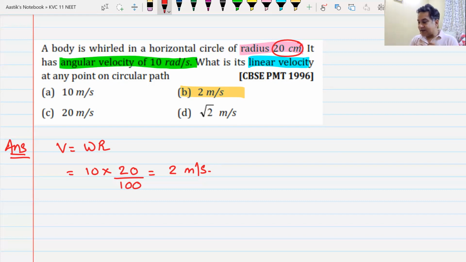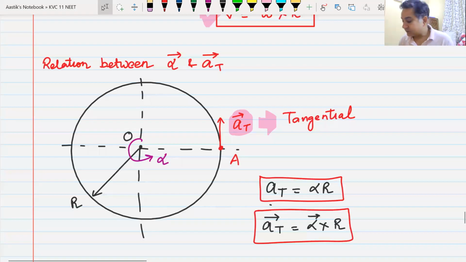This was tangential acceleration, which is towards the tangent.